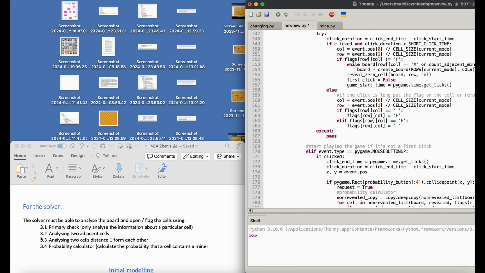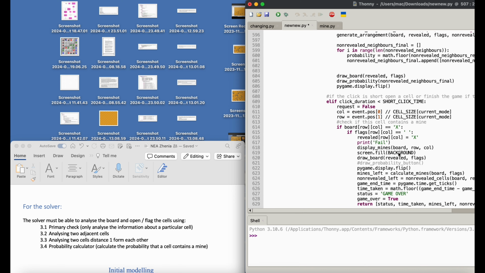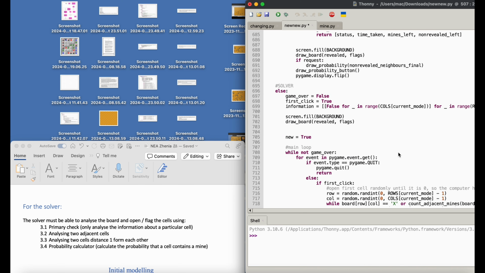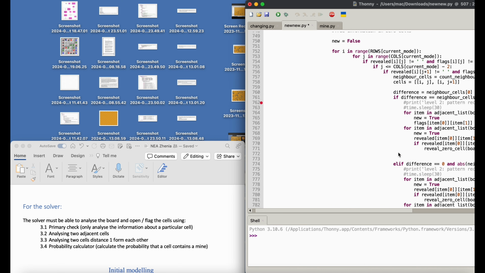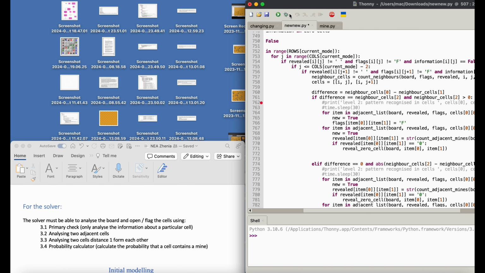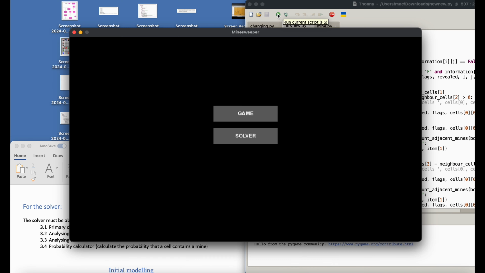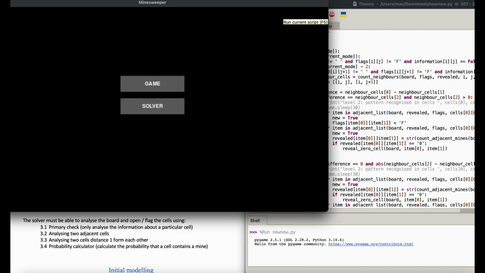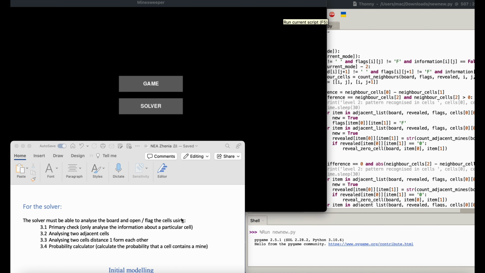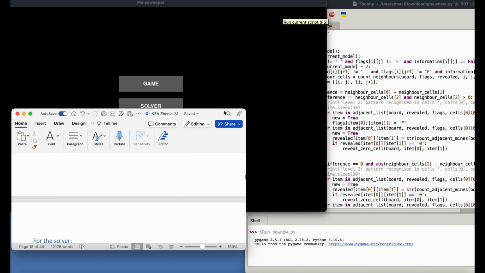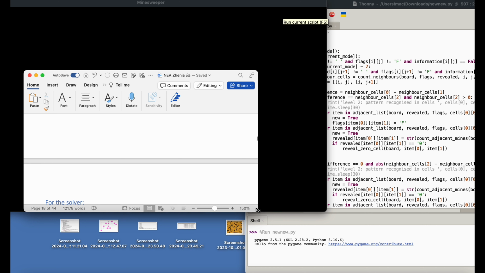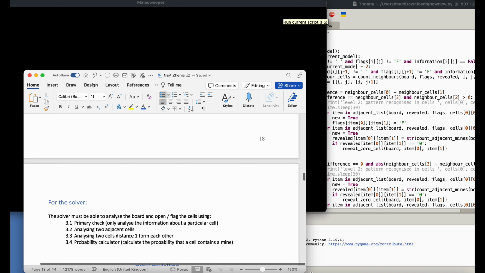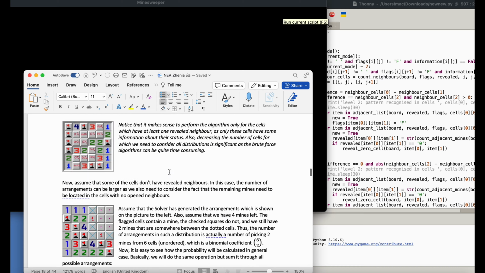Objective 3.2, analyzing two adjacent cells. So this is level 2, and I'm going to open the part of analysis which relates to this level.